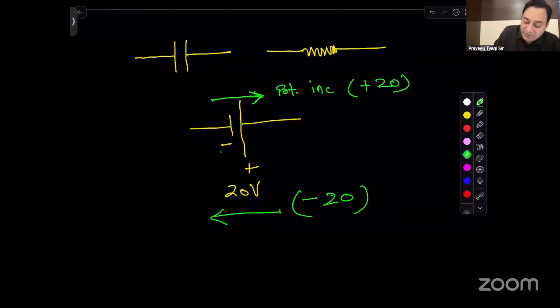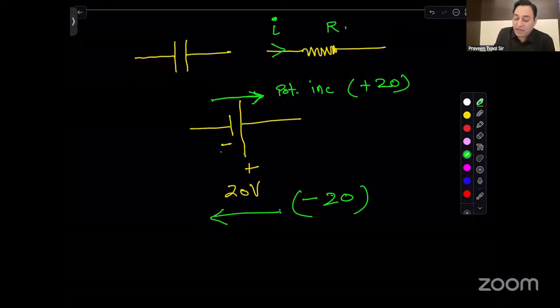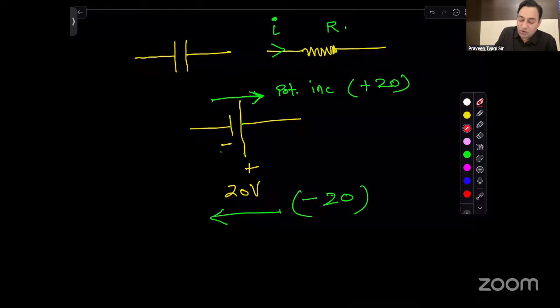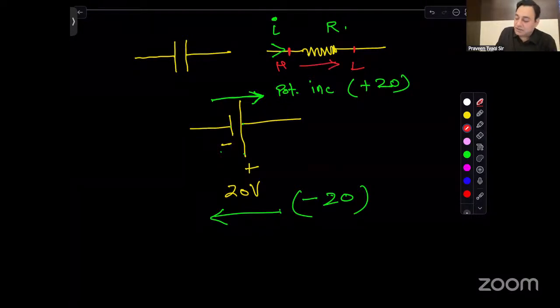For a current, suppose current is flowing in this direction, and R is the resistance. Current always flows from higher potential to lower potential, so this end has to be higher and this has to be lower. If I am going in this direction in a circuit, I will write minus IR.